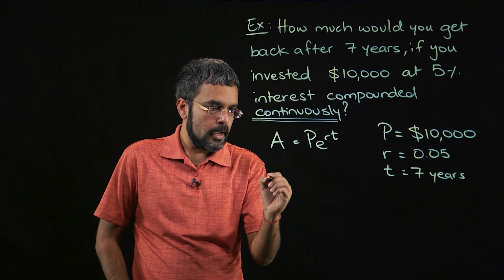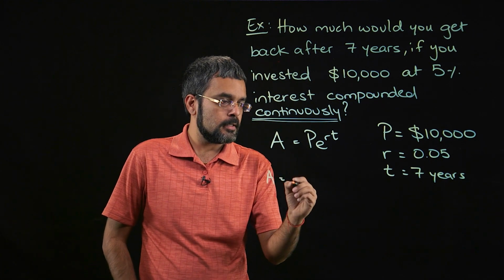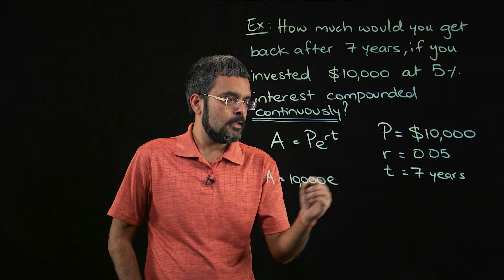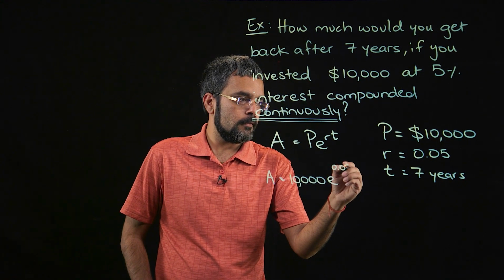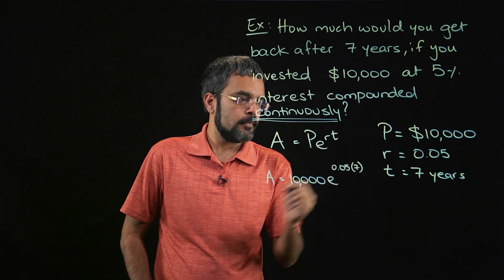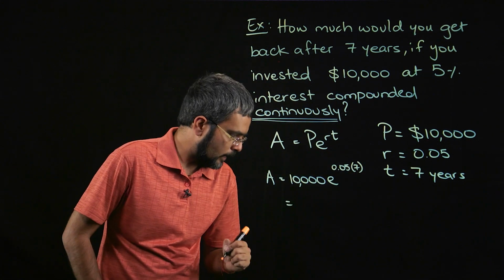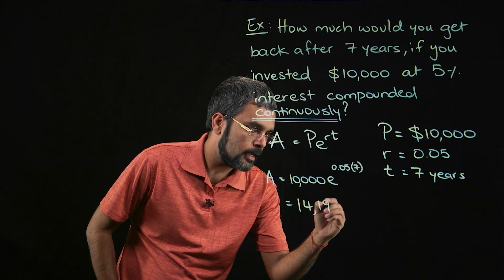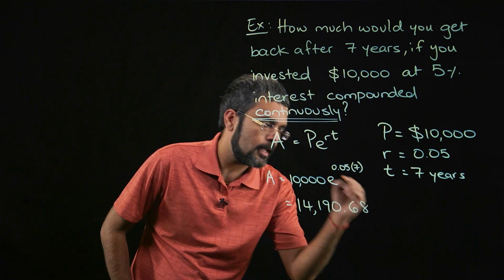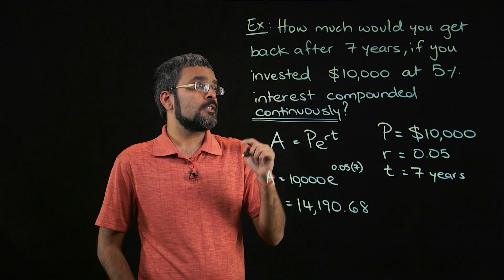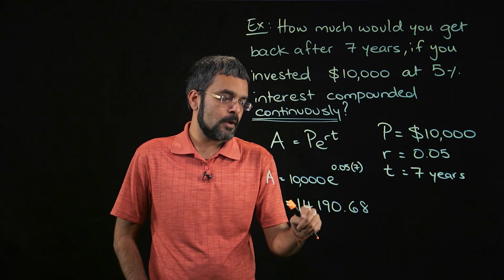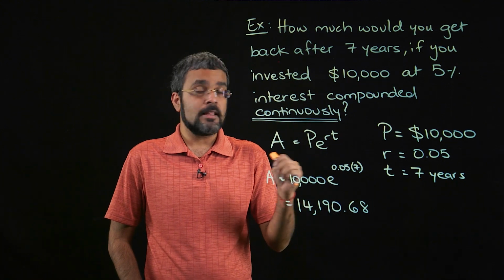So A is going to be 10,000 times e to the 0.05 times 7. And if you compute that, you're going to get $14,190.68. So if you invest $10,000 at 5% compounded continuously, you'll get back $14,190 at the end of 7 years.